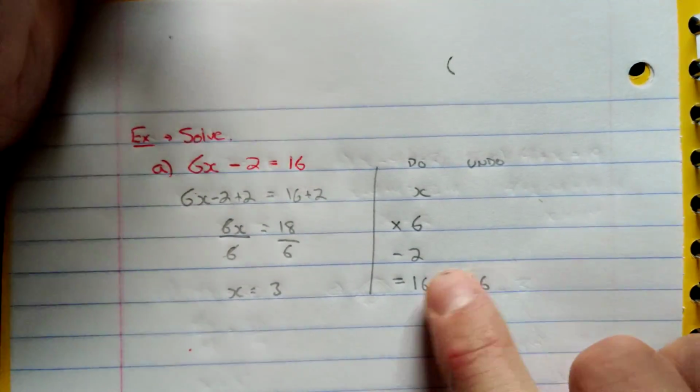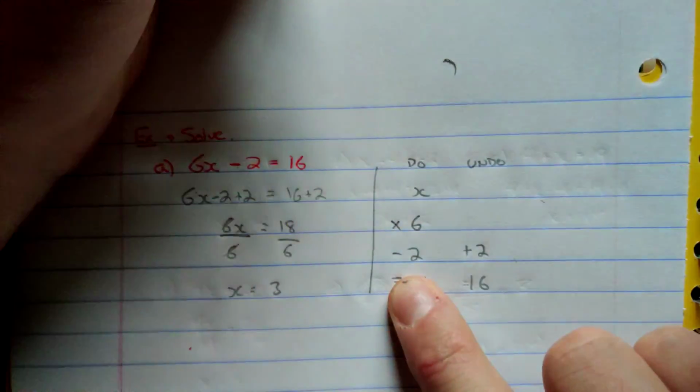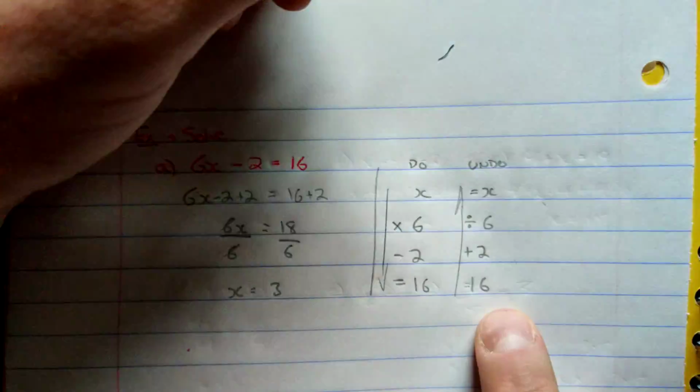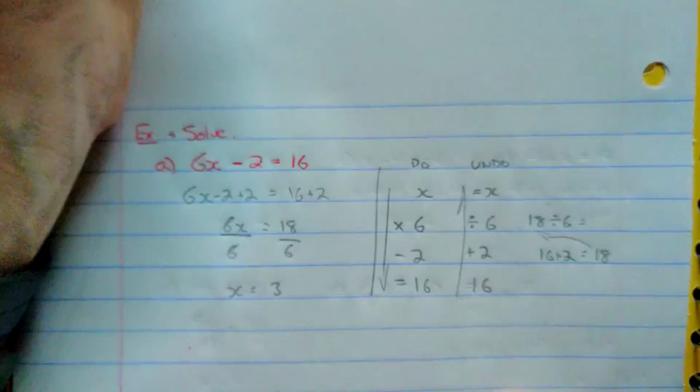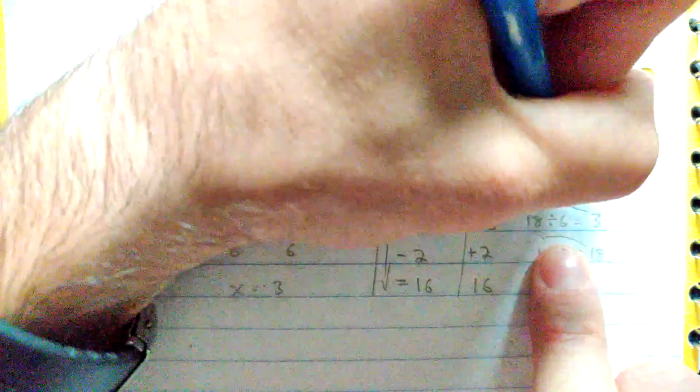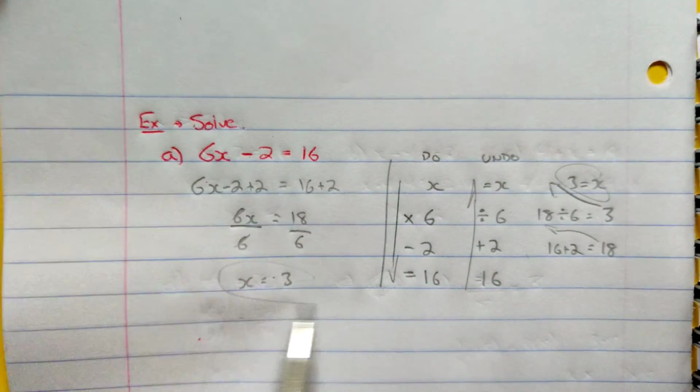We're going to add 2, divide by 6, and we're going to get x. So the do goes this way, the undo goes that way. So starting with 16, 16 plus 2, that's going to give us our 18, just like here. Bring that up, 18 divided by 6, that's going to give us 3, just like here, and then our x, or 3 equals the x. So we get the same answer in both cases.